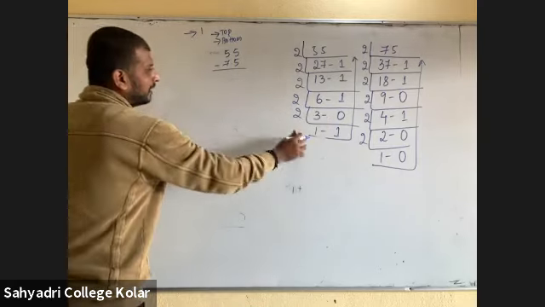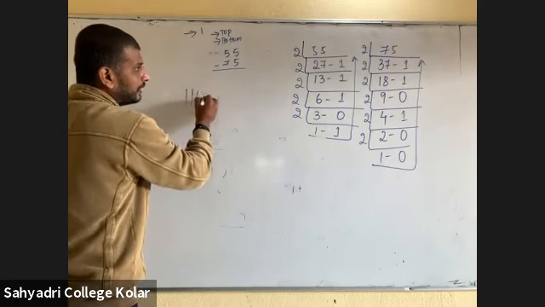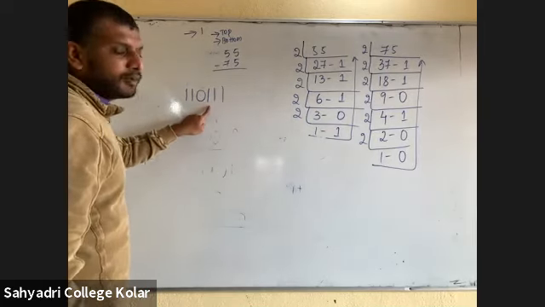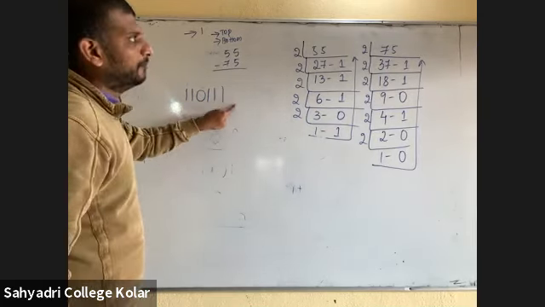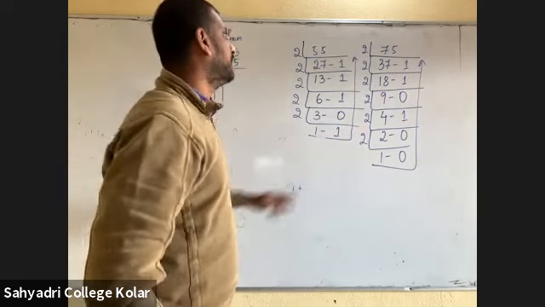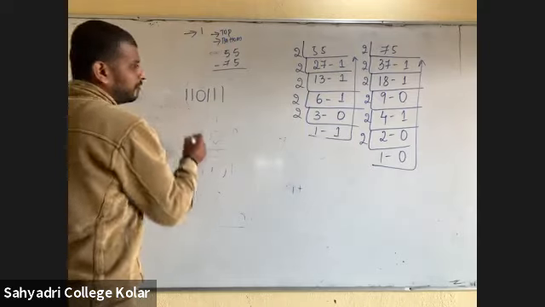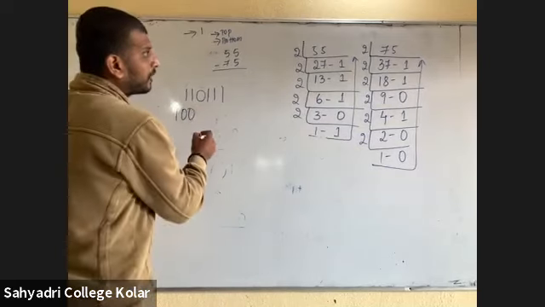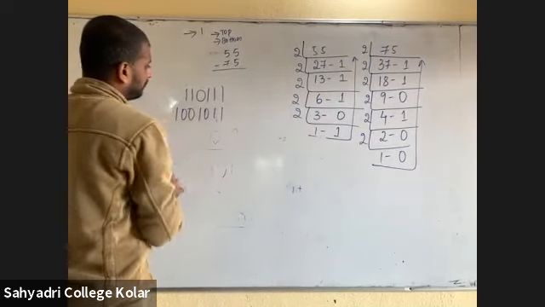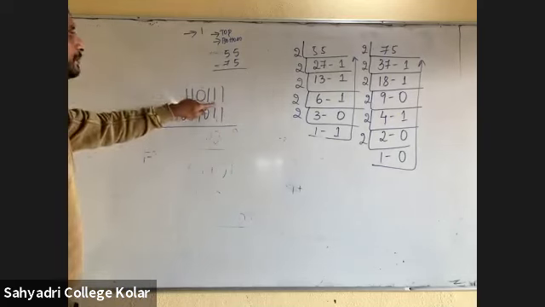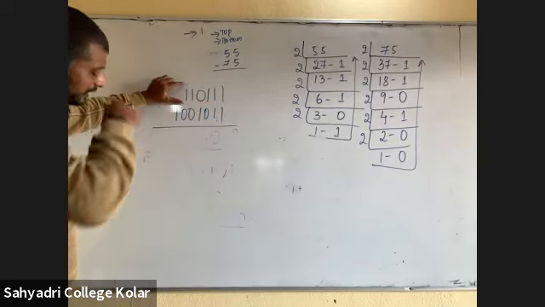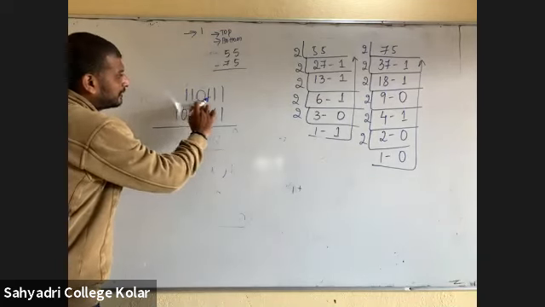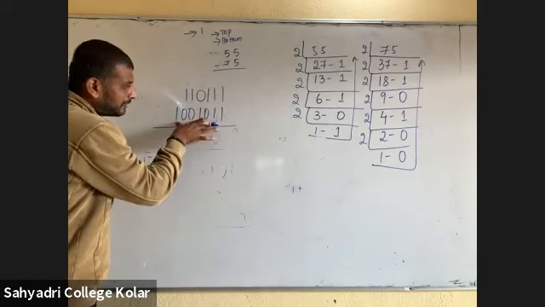For 55, the binary equivalent is 110111. Next, for 75, the binary equivalent is 1001011. Now, if you see these two numbers, the top number has 6 bits, whereas the bottom number has 7 bits.